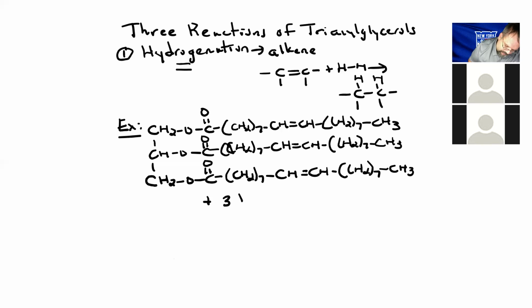We're going to react it with 3 equivalents of hydrogen. This would be the same as 3 equivalents of H2. And let's see if we can draw the product. Notice in the structure here that there are 3 double bonds present. As I talked about, if I ask you to do hydrogenation, I would want you to break all the double bonds that are present. So notice that there are 3 equivalents of H2, because there are 3 double bonds that are present.